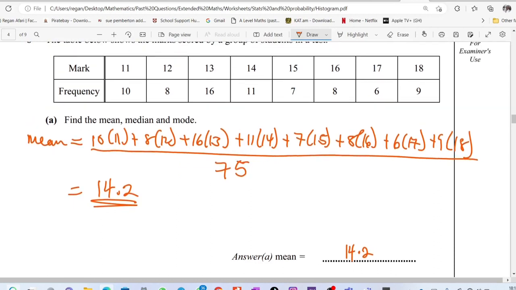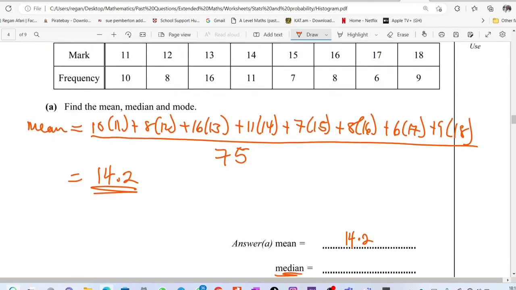Next thing is median. Well, median is the middle number, right? So if you have 75 observations, you divide by 2, that should give you 37.5. So that's basically roughly 38. Okay, you're looking for what 38 is going to be.